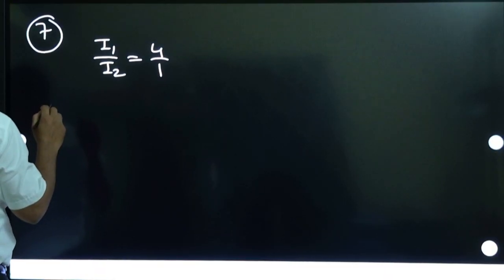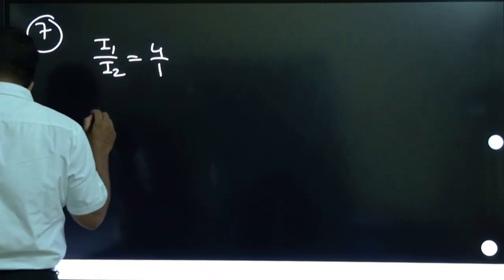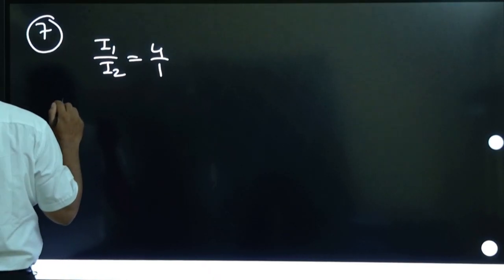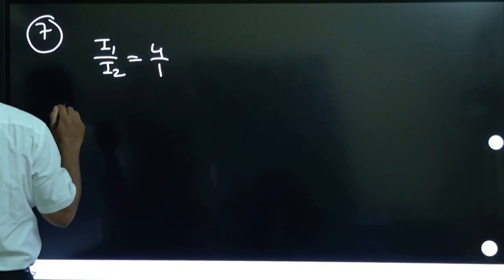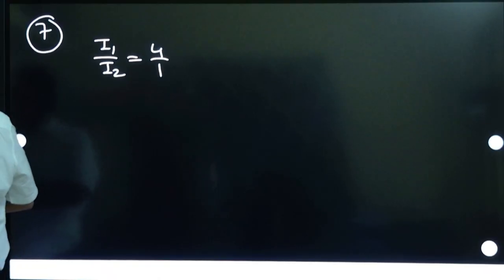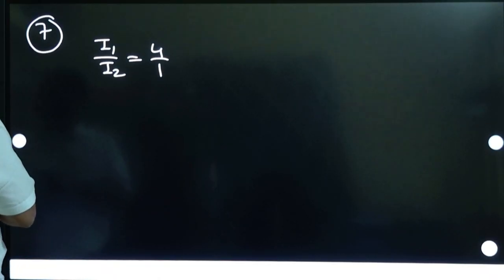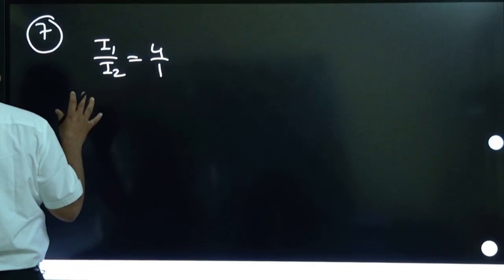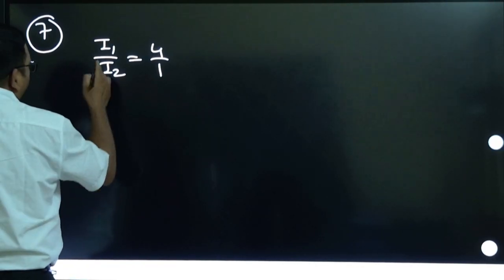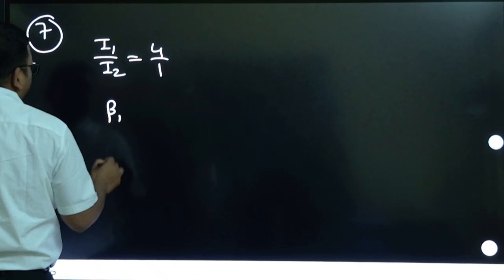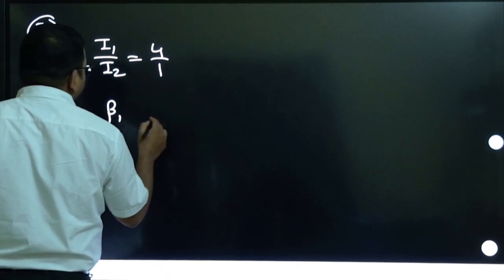Difference in sound level, the difference of sound levels in decibel between maximum and minimum intensity when they interfere in space. They are asking the difference of sound levels. So suppose for the first wave this is beta 1 and for the second wave it is beta 2.